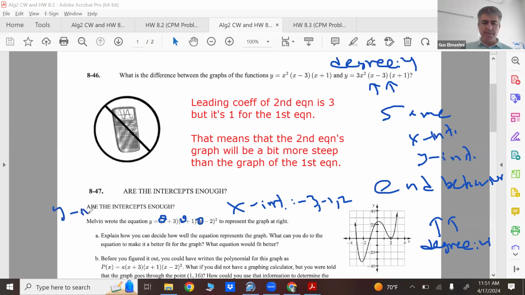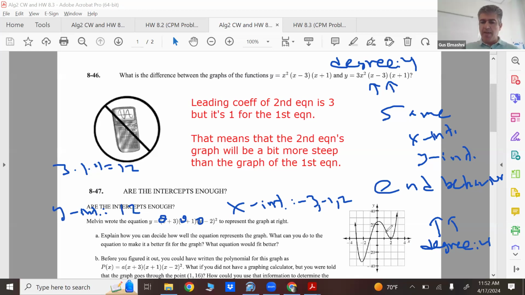What's the y-intercept here, guys? If we work it all out, 3 times 1 times what? No. No. No. 4, thank you. So it's 12. The last part's supposed to be 4, and then we multiply 3 to get 12.